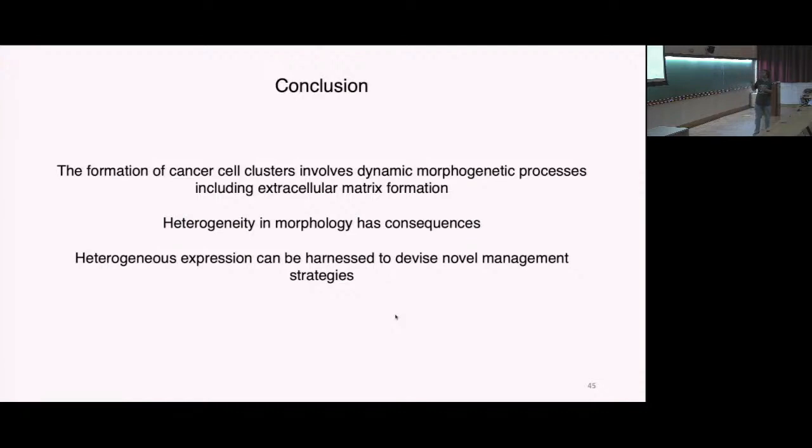Heterogeneity in morphology has consequences in cancer, and heterogeneous expressions can be harnessed to devise novel management strategies, because if we know these novel morphogenetic rules by which spheroids form, we can devise novel therapeutic strategies to take out those specific rules. A lot of times what we do is give drugs against dividing cancer cells.